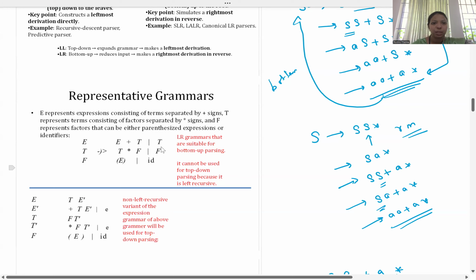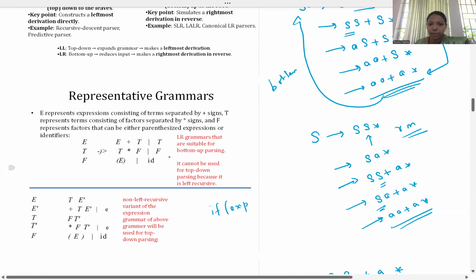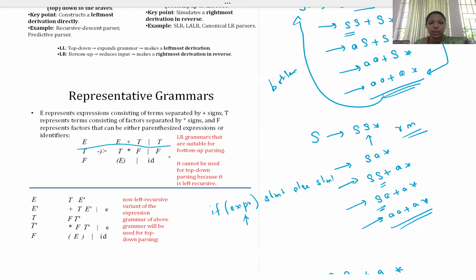If I want to write A equal to A plus B, or an if followed by an expression, followed by a statement, and then else, then a statement, how an expression should look, how a statement should look, maybe a term, I have written here. So this is a programming language.